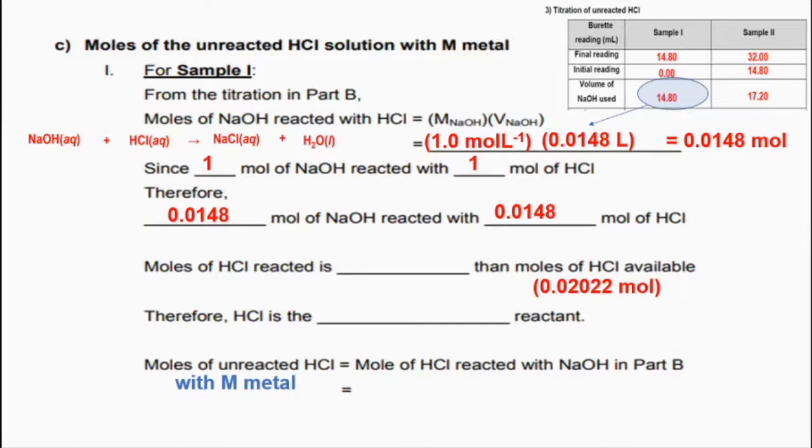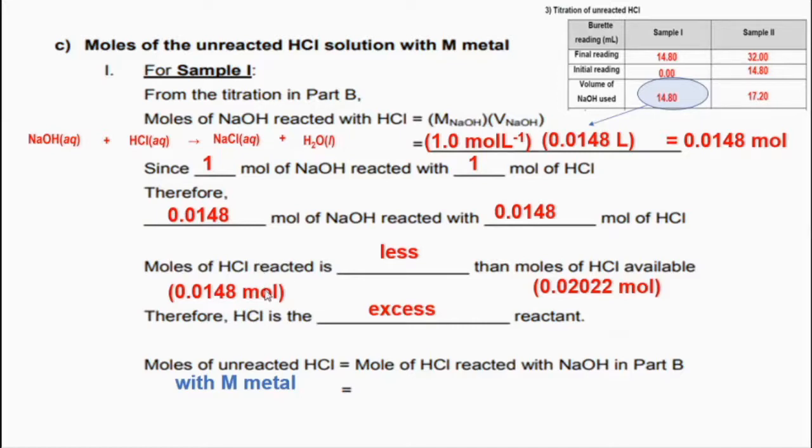However, once the reaction is done, we found that the moles of HCl reacted with sodium hydroxide was just 0.0148 moles. So if we make a comparison, moles of HCl reacted is actually less than moles of HCl available. So in this case, that's why HCl here is the excess reactant. Why?